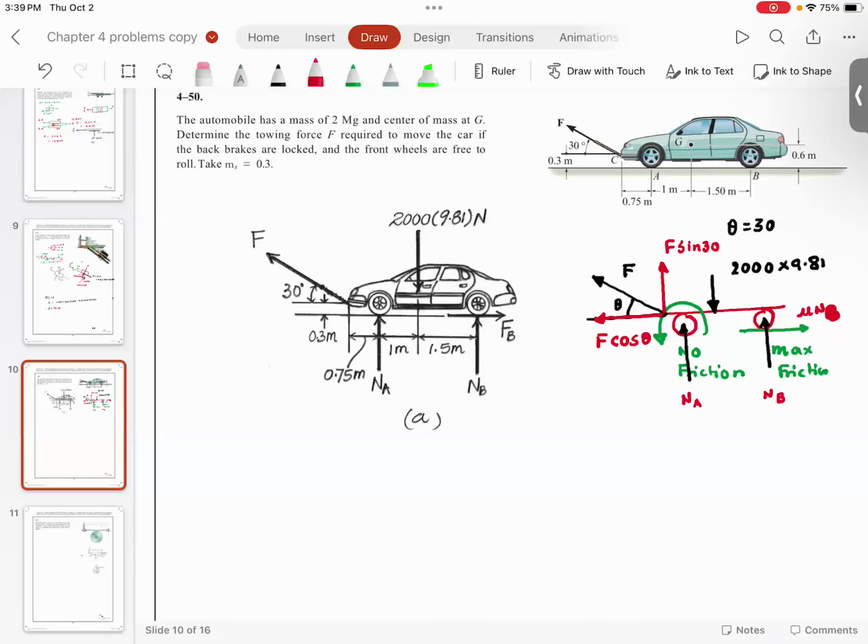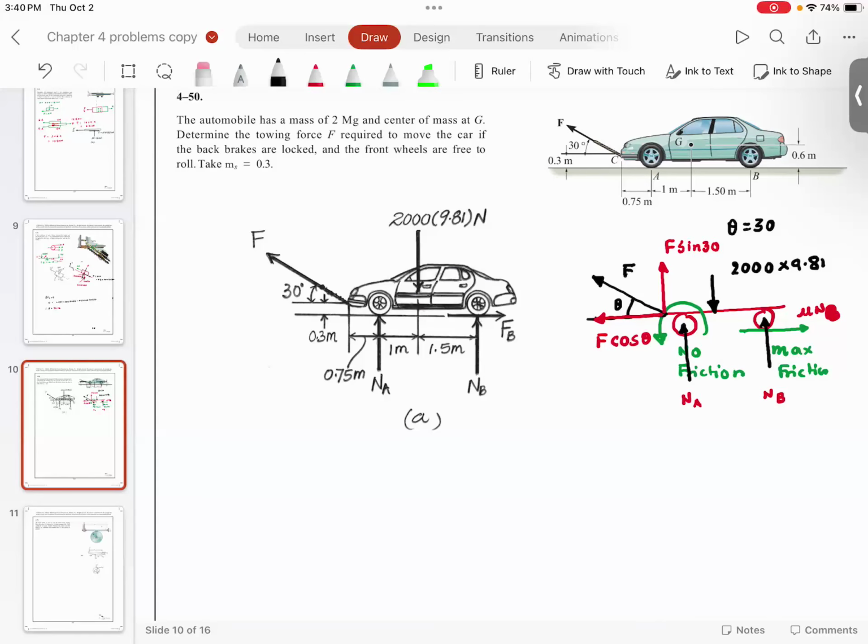So once again, understand the setup of the problem. You have this vehicle, the front wheels can roll freely with no friction, the rear wheels are locked so you have friction, and there is a force at an angle theta. Then you resolve the force along the x-axis and the y-axis, and now we have set up a force system and we apply conditions of equilibrium.